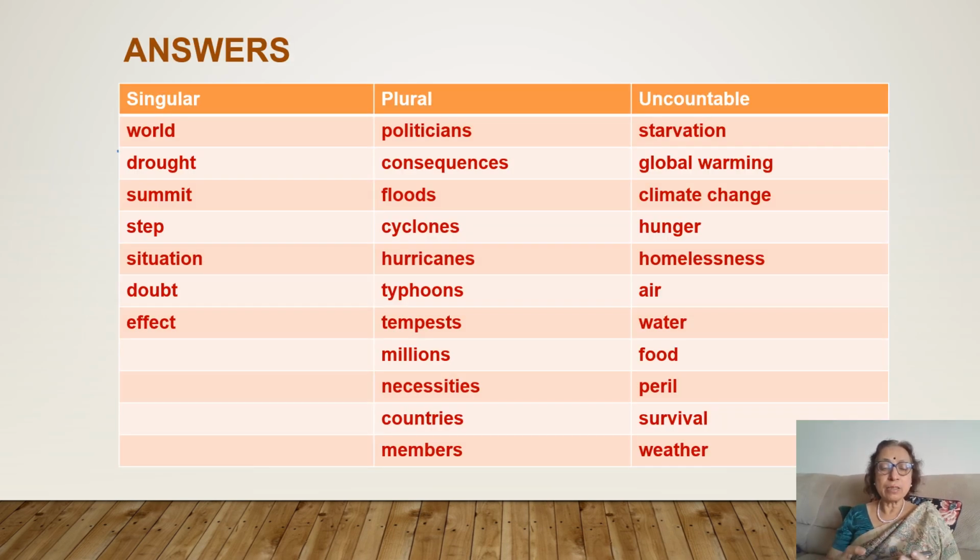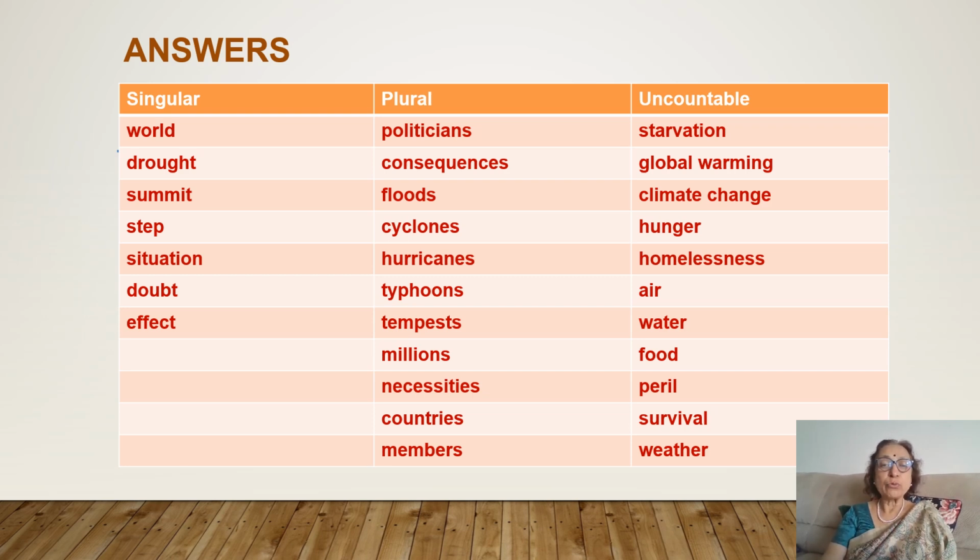Here are the answers to the passage which was given as a test passage for the advanced level. The advanced level passage here talks about global warming, it talks about politicians talking about global warming. All these many nouns are there.